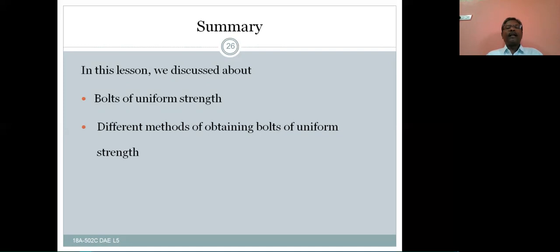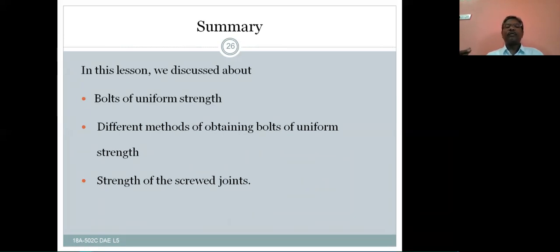And next, different methods of obtaining bolts of uniform strength we have discussed so far. And also the strength of screw joints. The screw joints may fail in three different ways. Number one is tearing across at the root of the screw thread.